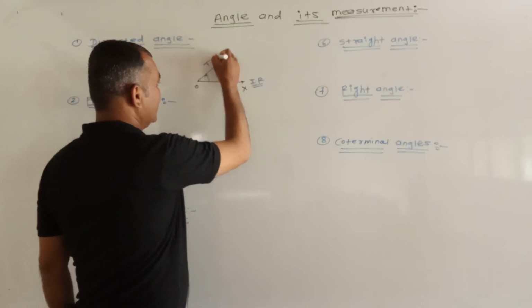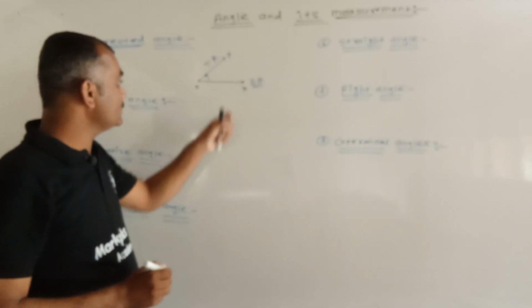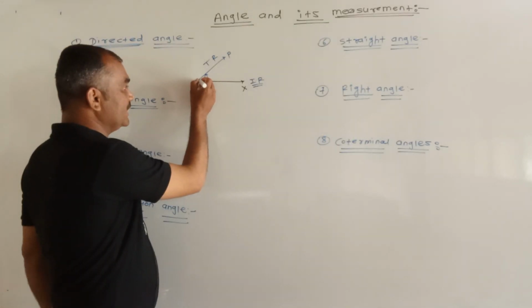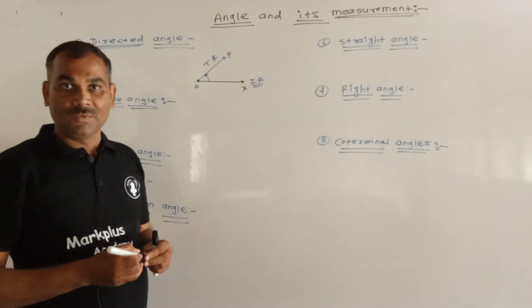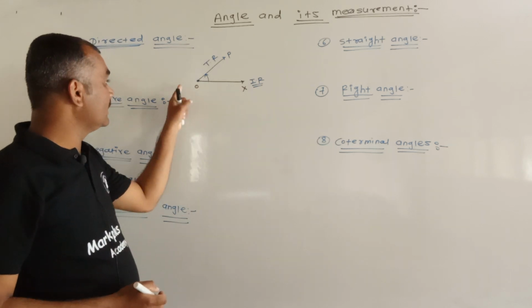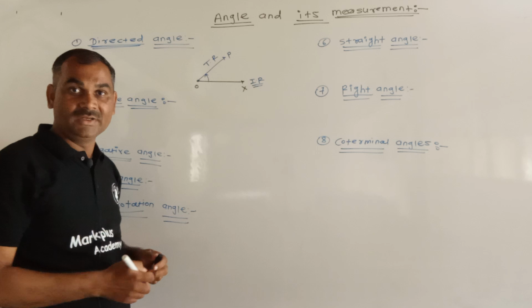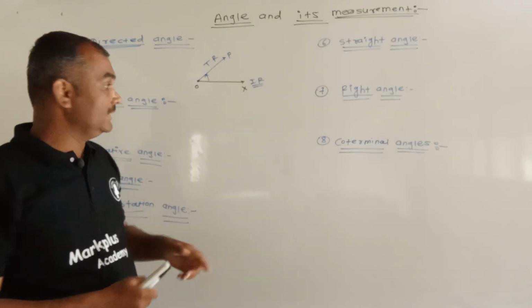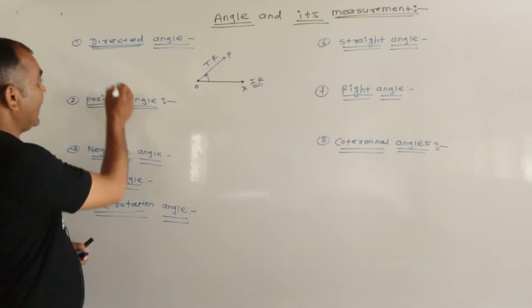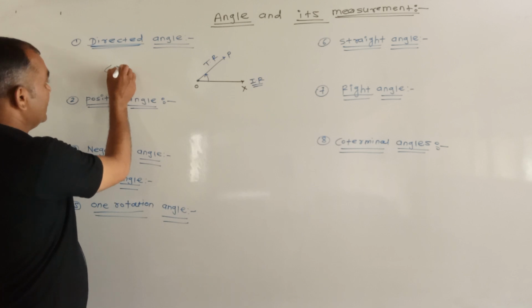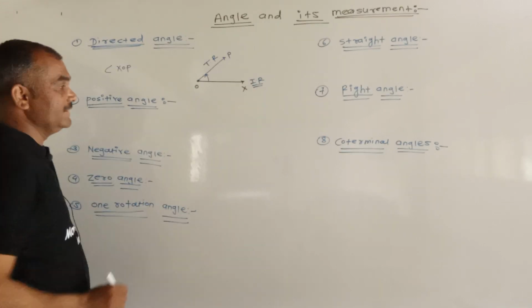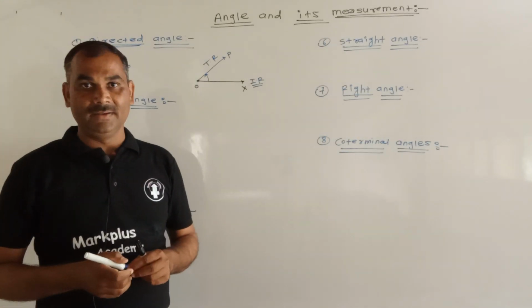This OX rotates about the origin, capital O. This point is important. This ray rotates about the point O, and we get the terminal position OP. Then the angle XOP is called a directed angle.